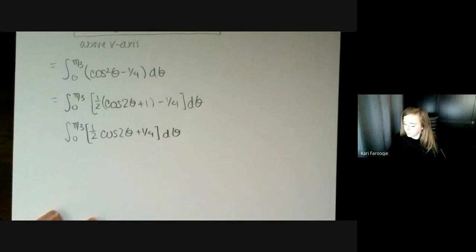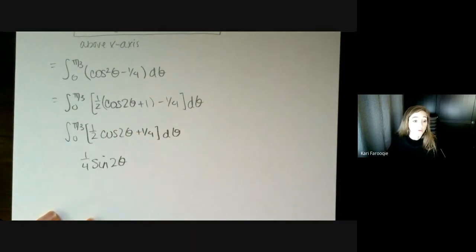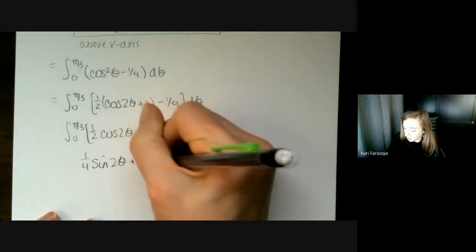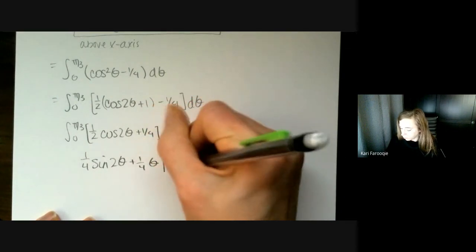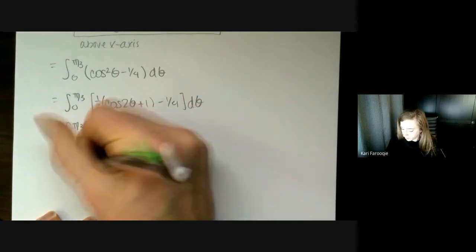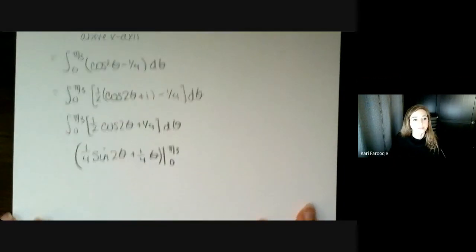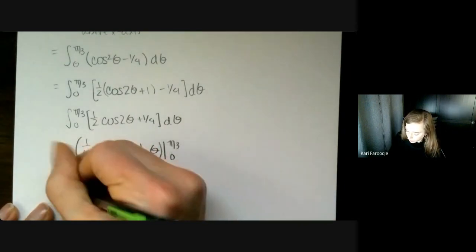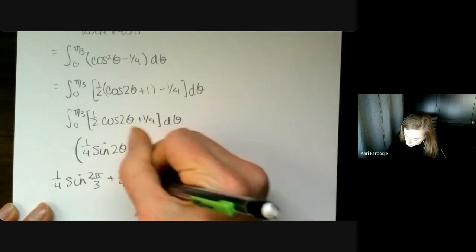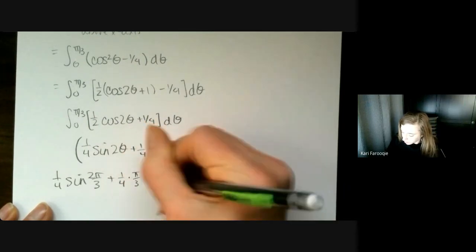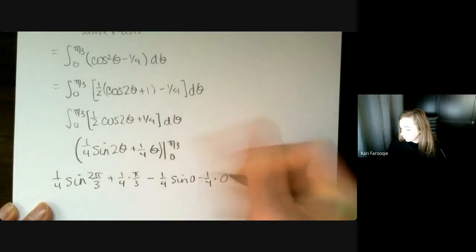And then we'll integrate. So we'll have 1/4 sine 2 theta plus 1/4 theta, and we'll go from 0 to pi over 3. So we'll have 1/4 sine 2 pi over 3 plus 1/4 times pi over 3 minus 1/4 sine 0 minus 1/4 times 0.